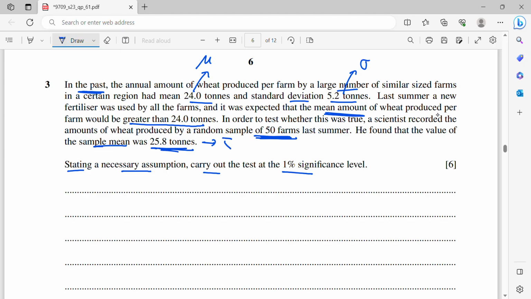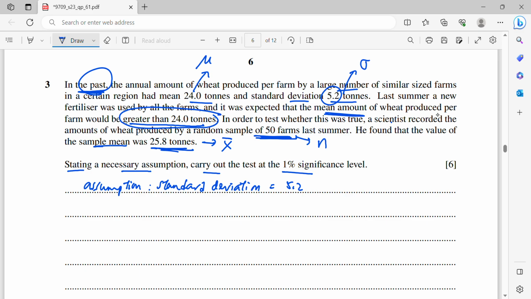This is x bar, sample mean, and this is the sample size. And then the scientist suspects it will be greater than 24.0. Alright, so from here the assumption will be on the standard deviation because your population standard deviation is given. So the assumption: the standard deviation equals 5.2. Okay, because this 5.2 is the standard deviation from past records.